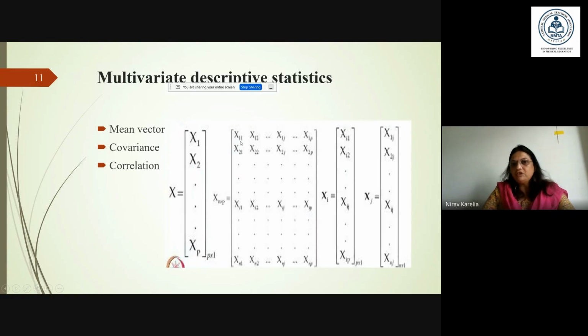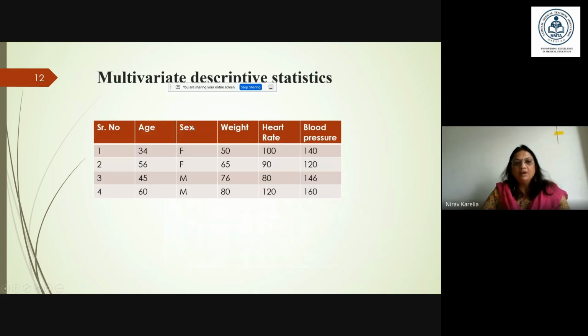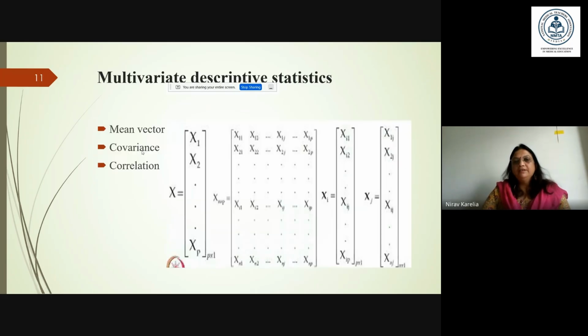Now I have put this 1 as my observation, so there are two digits, X11, X12. How will you read this? The first one is the observation and the second one is the variable. So X11 means 34, the first observation, first variable. Then come to X12.